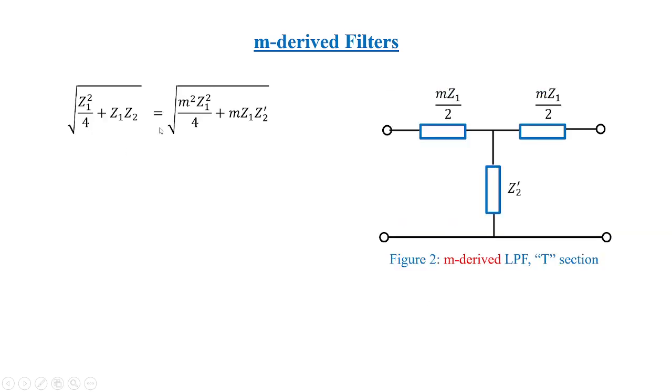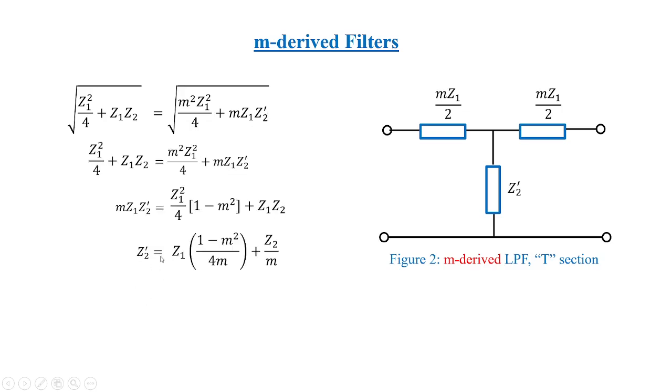When we equate these two impedances on the right-hand side of the above two formulas, we get under root of Z1 square by 4 plus Z1 Z2, which is matched with under root of m square Z1 square by 4 plus m Z1 Z2 dash. So easily we can get the value of Z2 dash, which is equal to Z1 of (1 minus m square) by 4m plus Z2 by m.